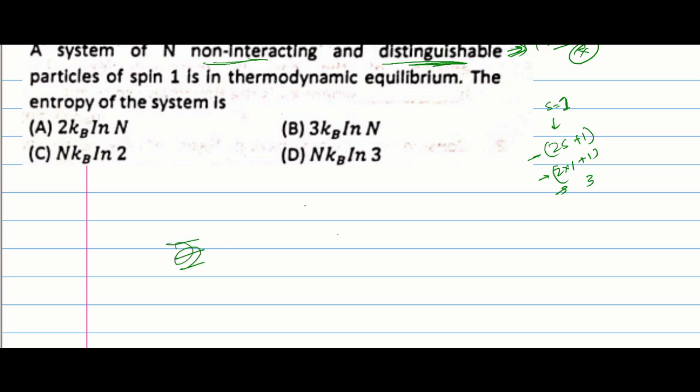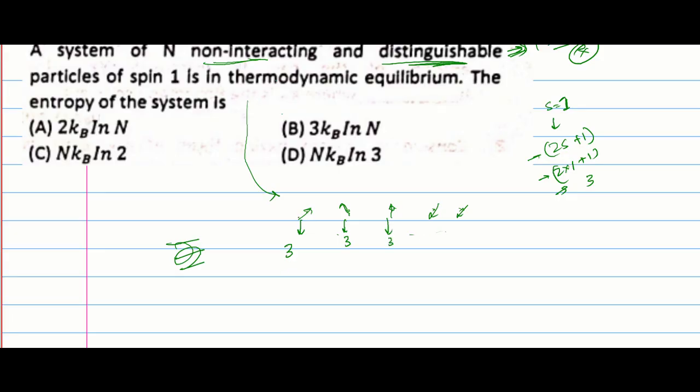Now again, since they are distinguishable and non-interacting, we can model this as a lattice where the spins are fixed at these lattice points, so we can easily figure out which one is what. For the first particle, there are three possible energy states. Similarly for the second, similarly for the third particle also.